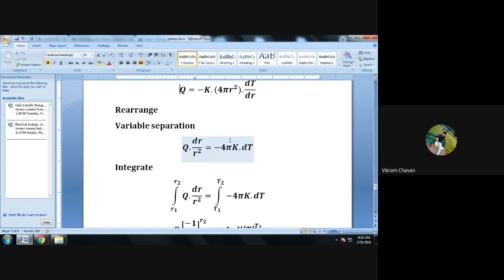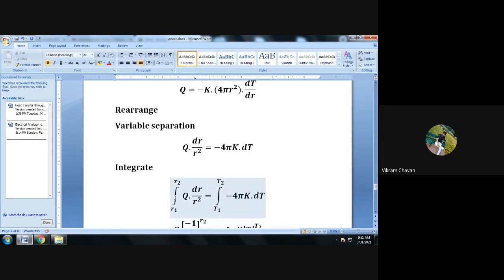Now we have to integrate this equation with the limits. Limits are nothing but the extreme boundary conditions. When r is equal to r1, at that time T is equal to T1. When r is equal to r2, at that time T is equal to T2. So our limits for the radius are r1 to r2, and for the temperatures are T1 to T2.